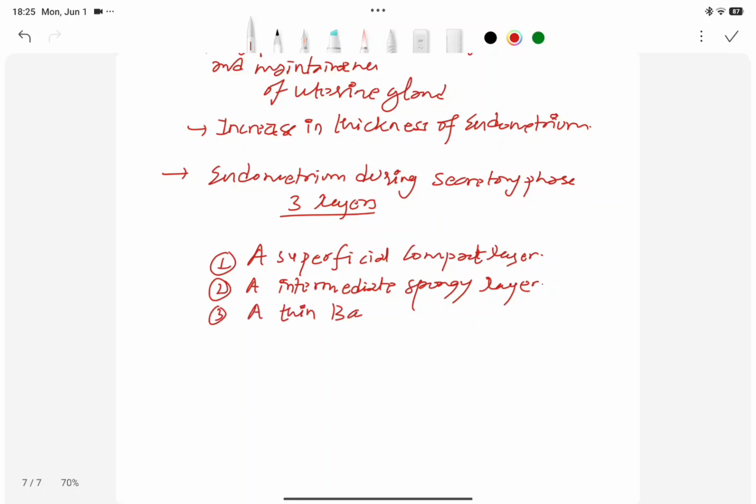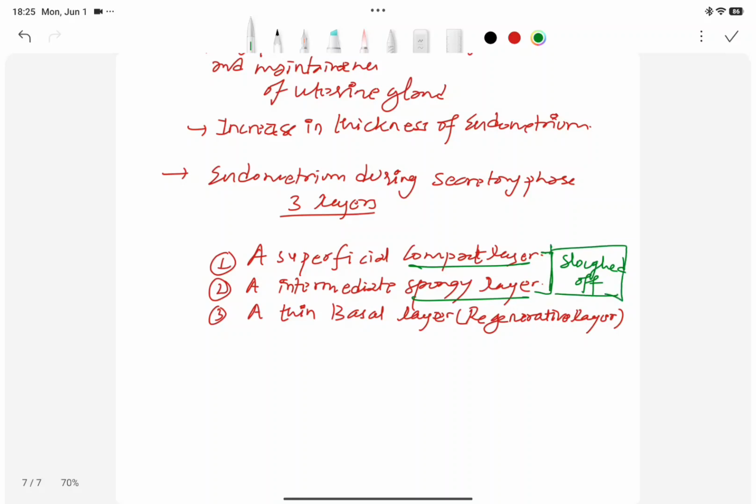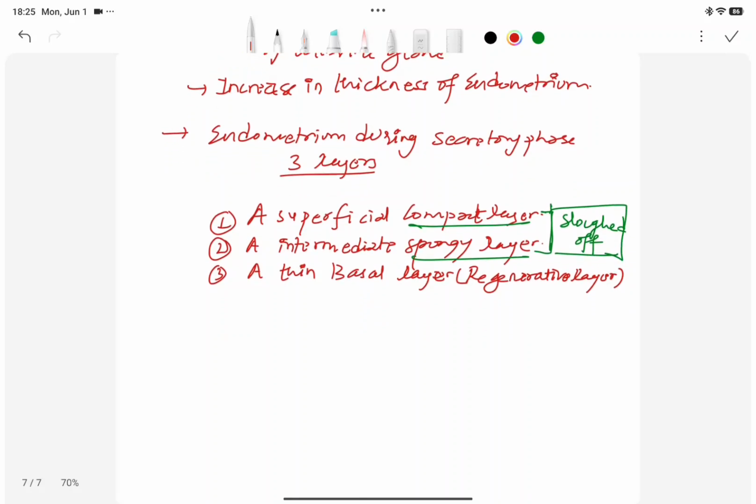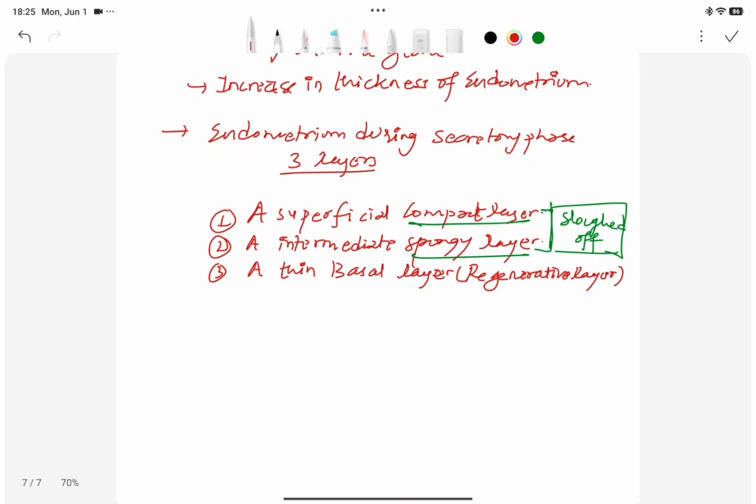The basal layer is the regenerative layer. During menstruation, the two upper layers, the compact layer and spongy layer, get sloughed off, and the basal layer remains and proliferates again after ovulation in the next cycle.